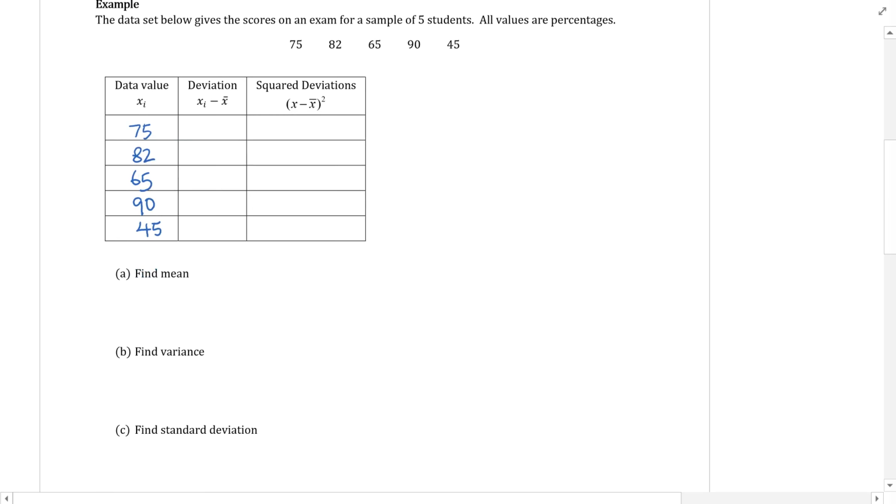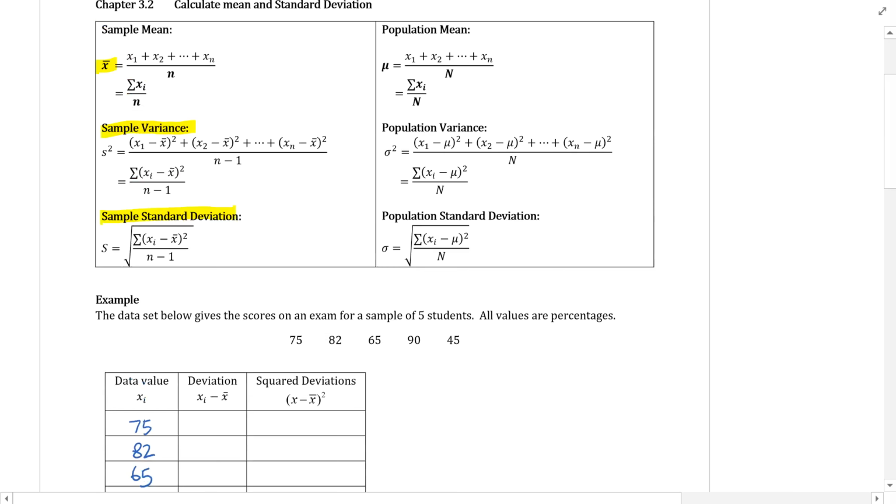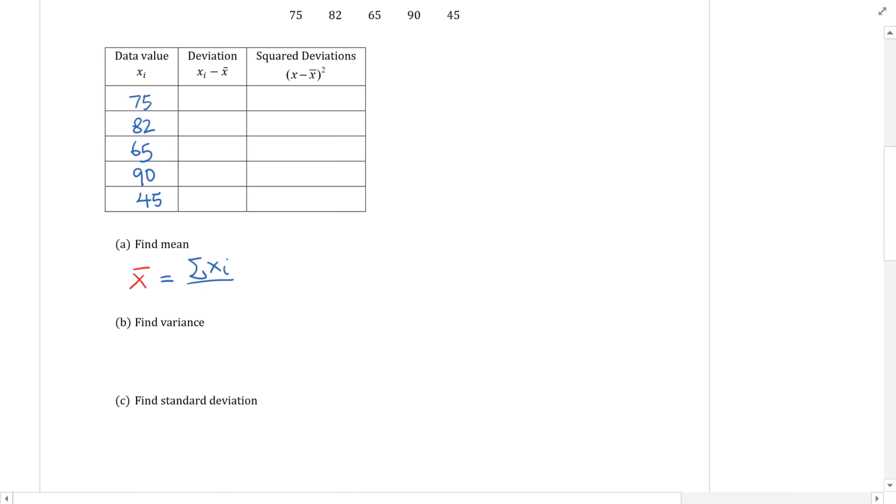So we'll say x bar, which is the mean, is equal to summation of xi over n. N is equal to the sample size, so how big the sample is.